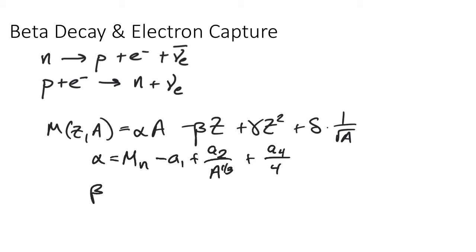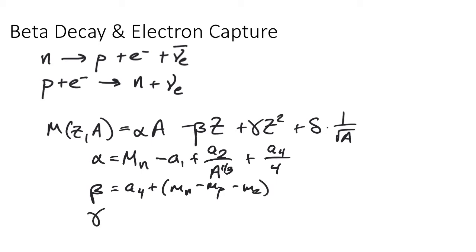The beta parameter in the quadratic is the asymmetry term, A4, plus the mass of the neutron minus the mass of the proton minus the mass of the electron.